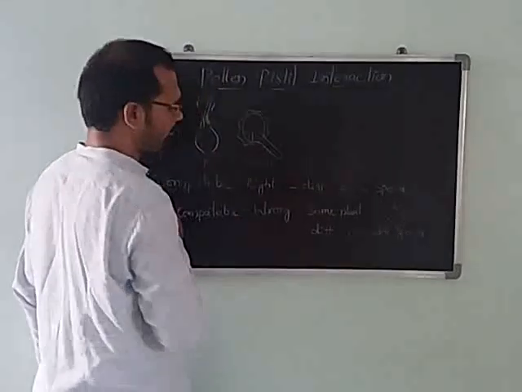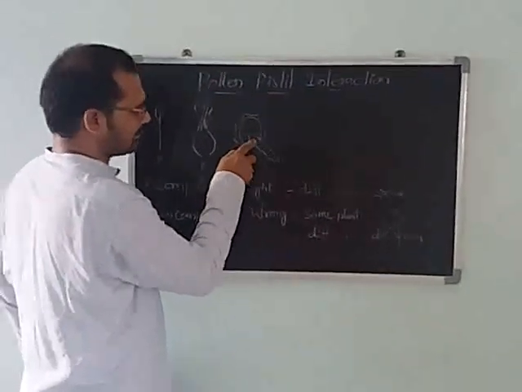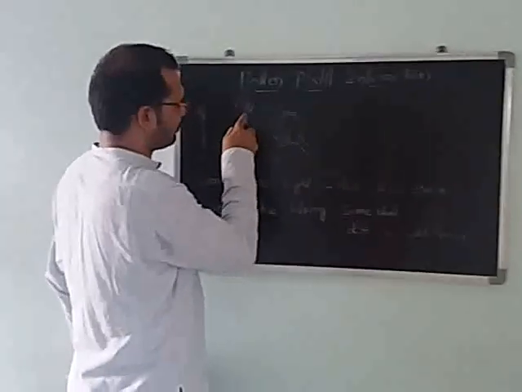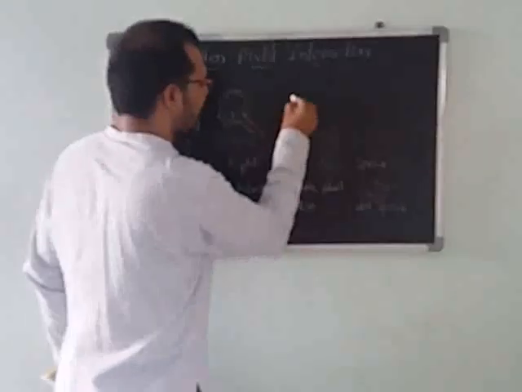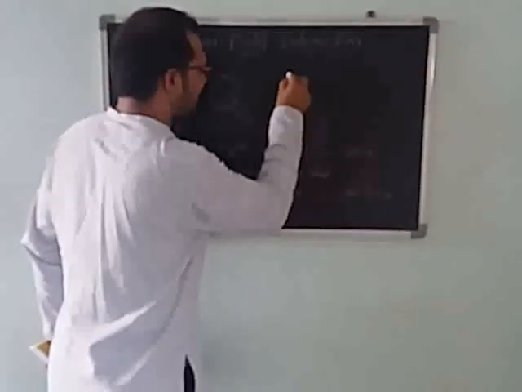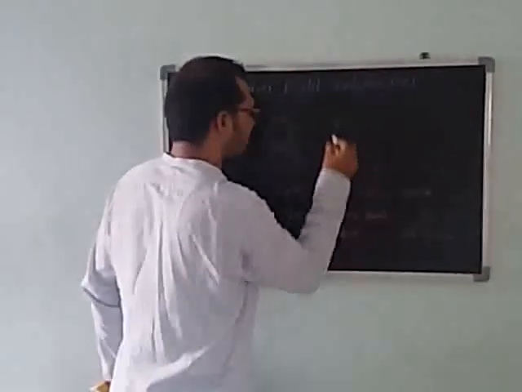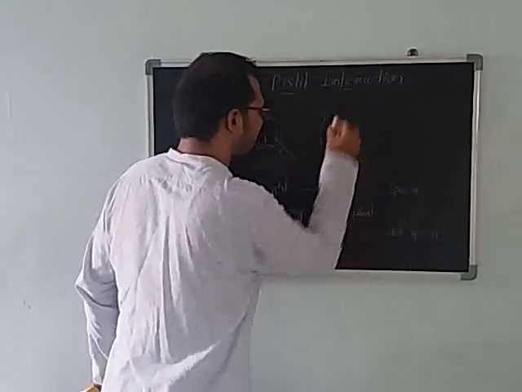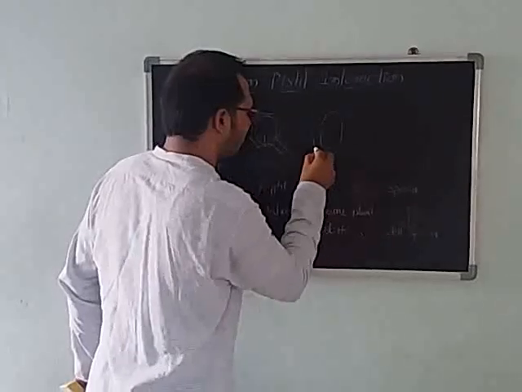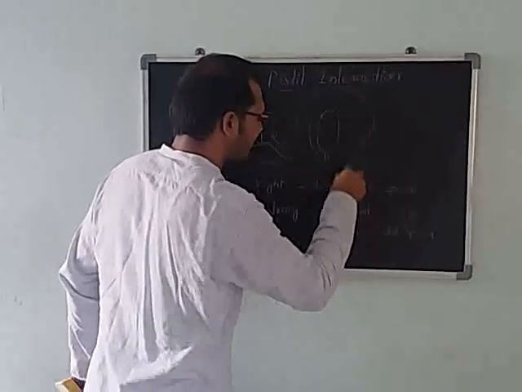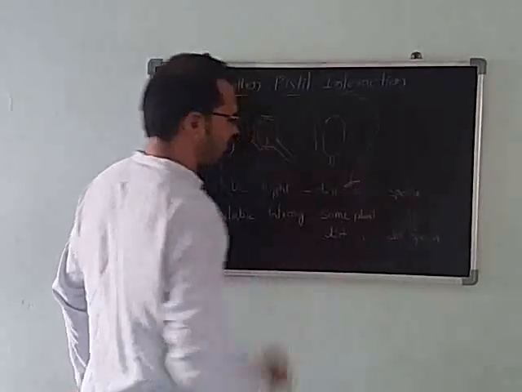For example, this pollen grain produces a pollen tube. This is the ovule. The ovule is also considered a megasporangium.